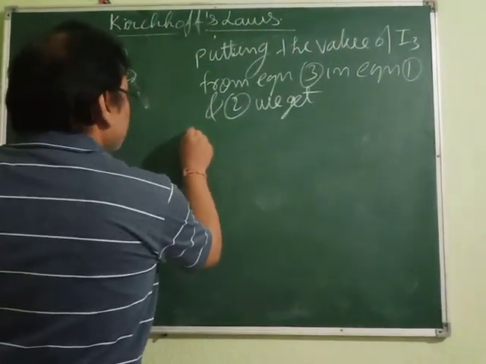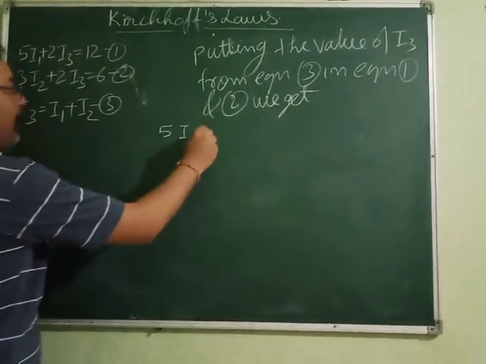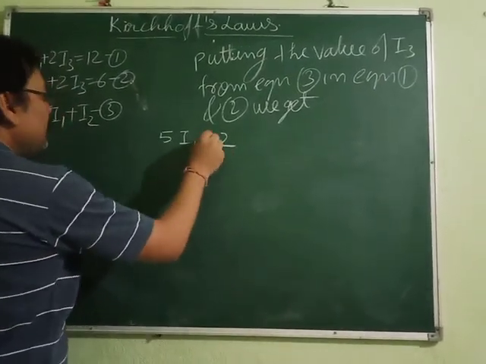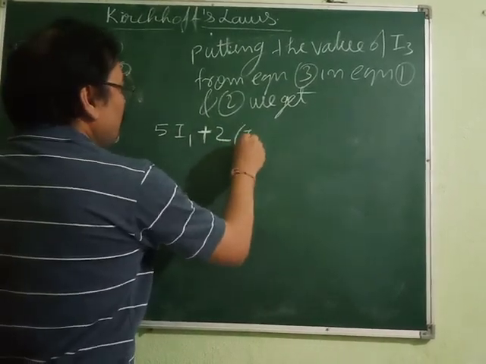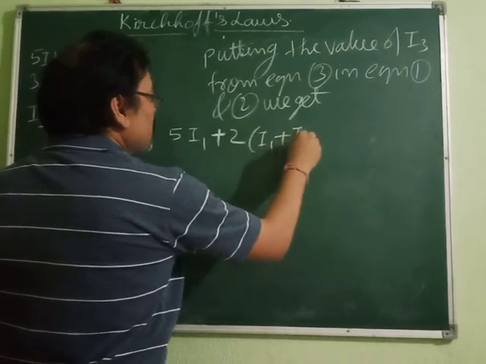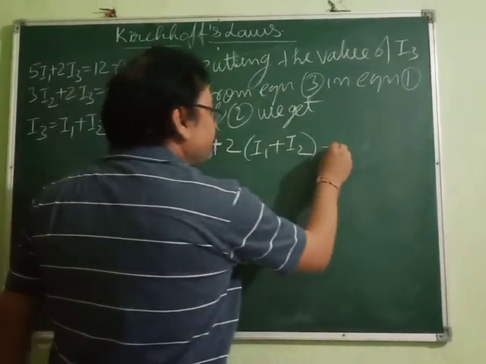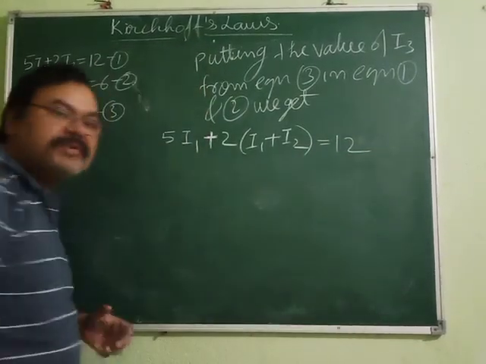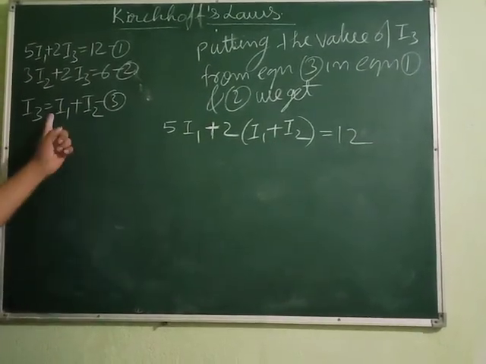For equation 1 we have 5I1 plus 2 I3. What is the value of I3? I1 plus I2. So you can write I1 plus I2, and that is equal to 12. This was our equation 1. At the place of I3, I have written I1 plus I2 from equation 3.